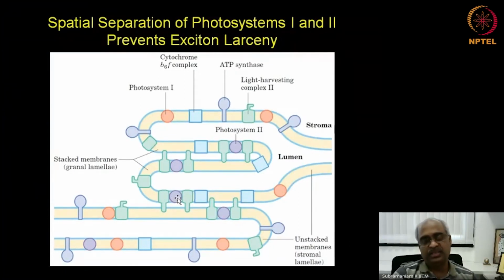So this way, depending on the light intensity, the light harvesting is regulated such that you have a balanced or optimum production and consumption of the ubiquinone.